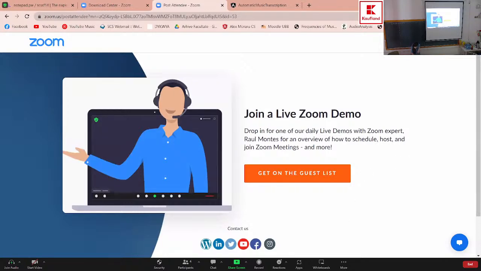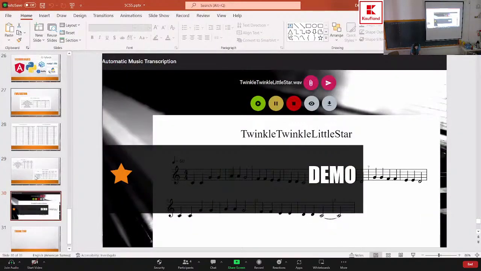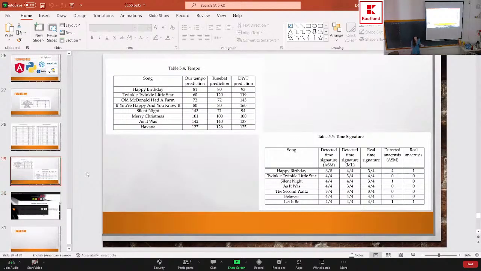I'm going back to the slides. Okay, but we believe you. We don't. No, I just wanted to show. Twinkle Twinkle is 60, and they predicted 120. You heard Twinkle Twinkle, so you heard that it was slow, and this means that it's slow. 120 is very fast.